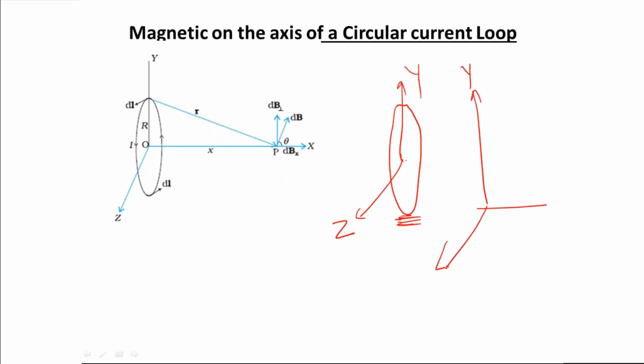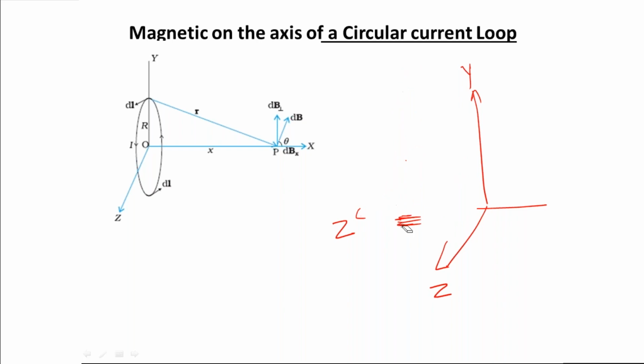I'll just draw the whole coordinate system, then you can find out. The circular loop is placed such that the center of the circle is at the origin.